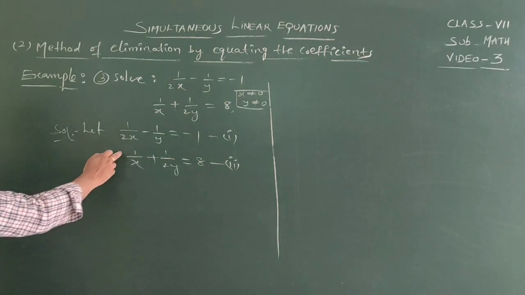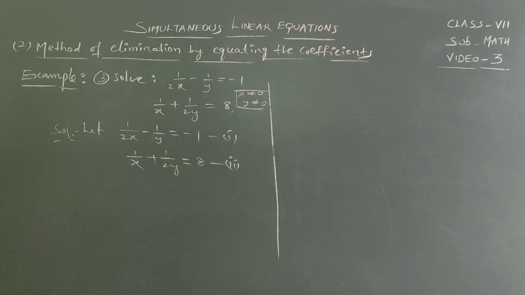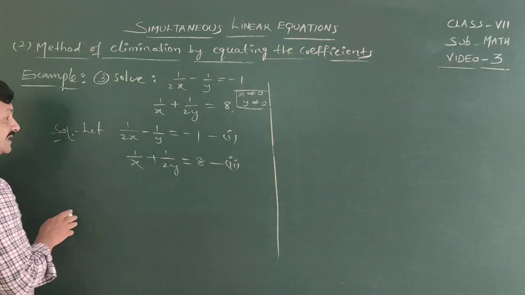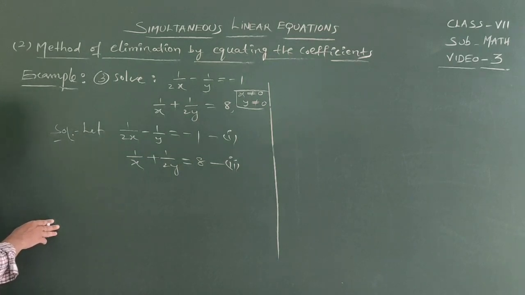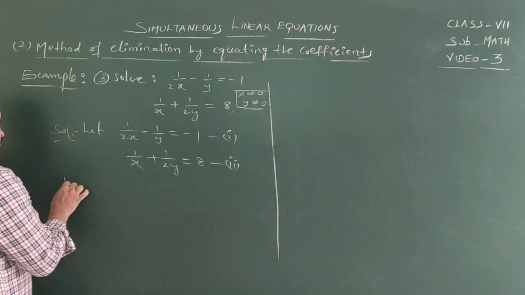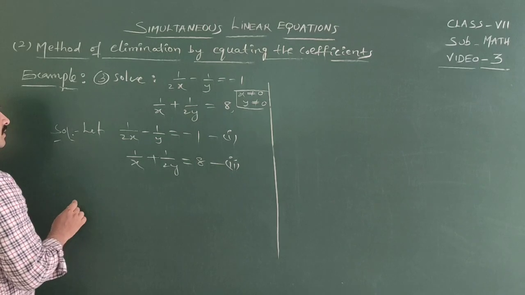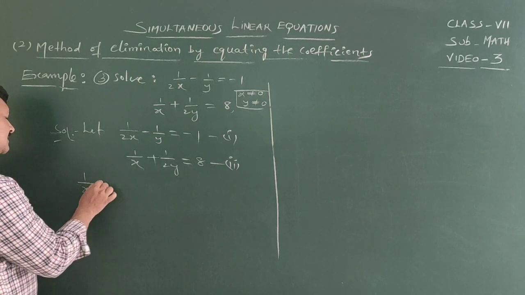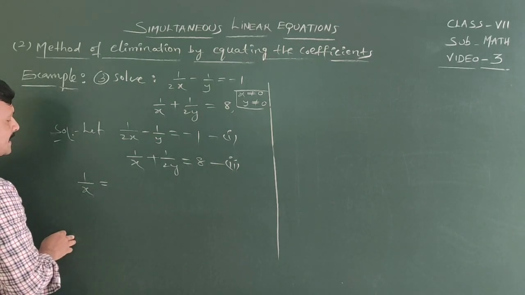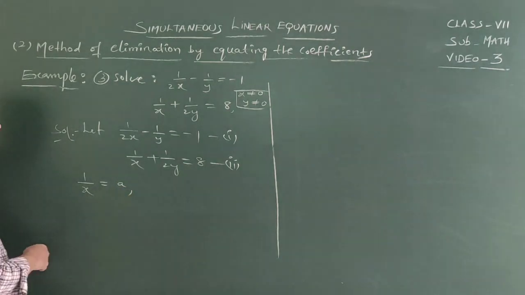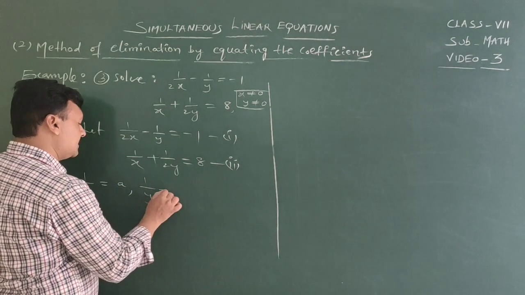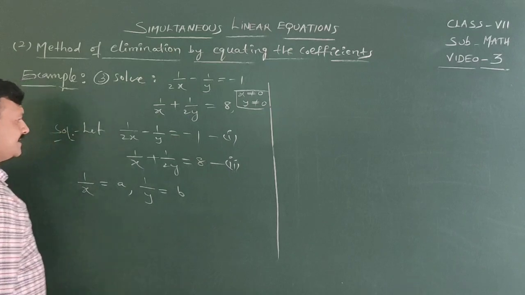Now the coefficients of 1 by x and 1 by y have reciprocal relations. Here instead of 1 by x, substitute small a. Instead of 1 by y, substitute b.